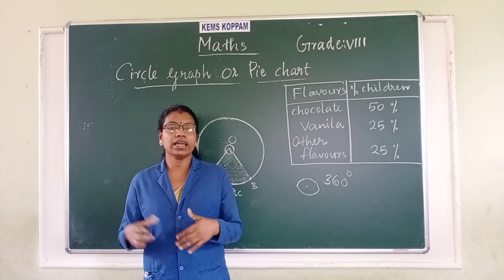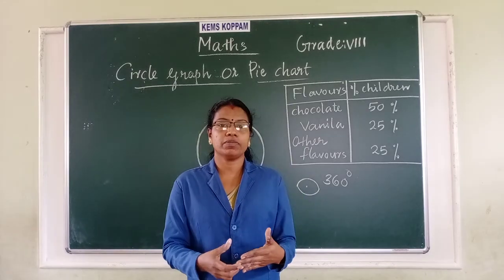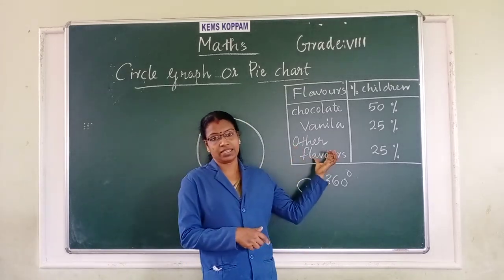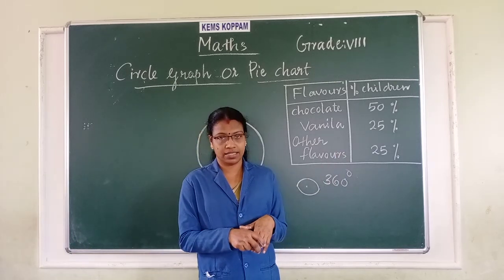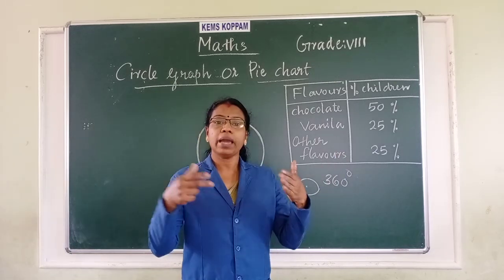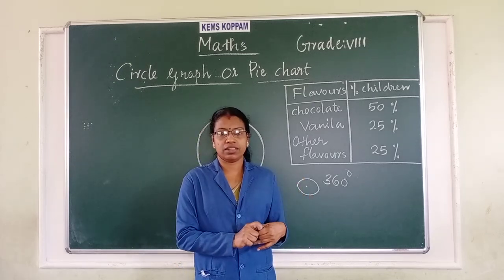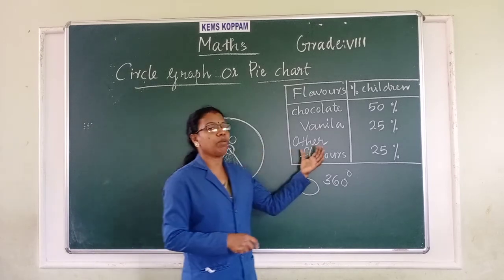So for drawing a pie chart, first we have to find the central angle of the sectors. First we have to make a table, preparing it using the given information. Let us illustrate this with an example. Look at the board.